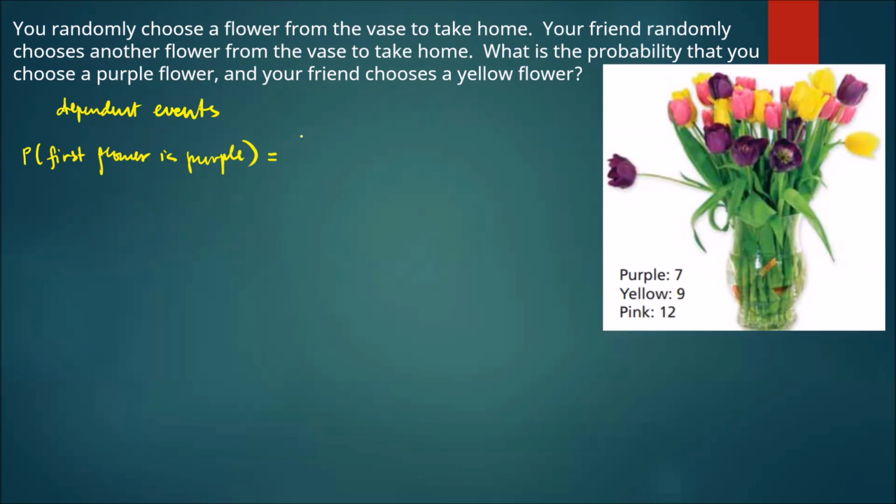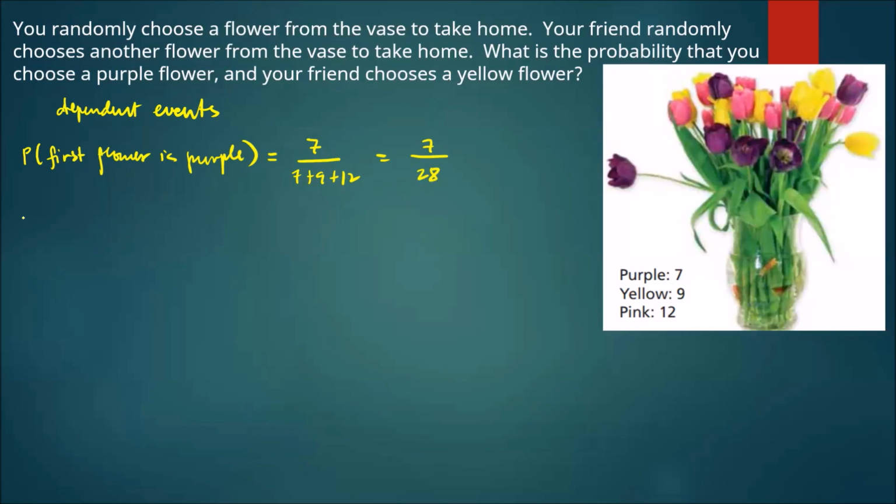There are 7, right? Out of how many flowers? So that is 7 plus 9 plus 12, which is going to be equal to 7 over, what is 7 plus 9 plus 12? So that would be equal to 28.